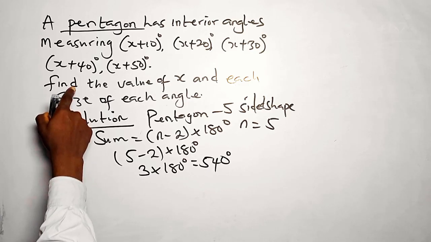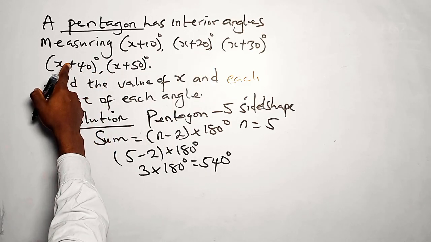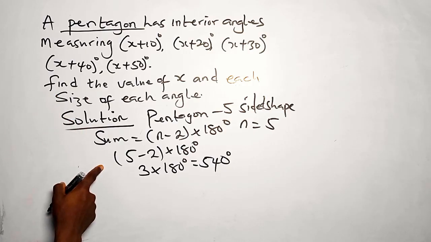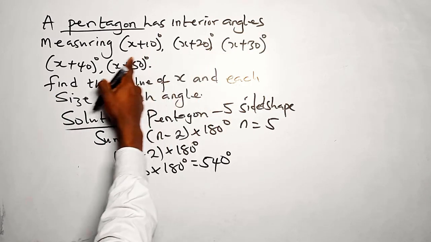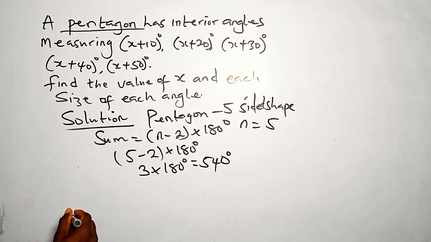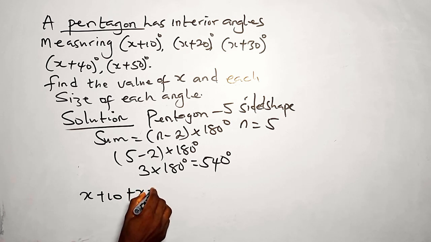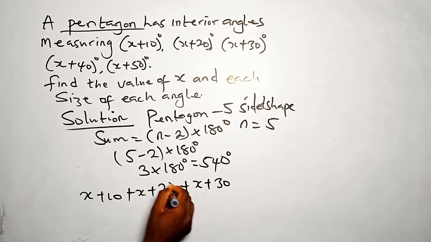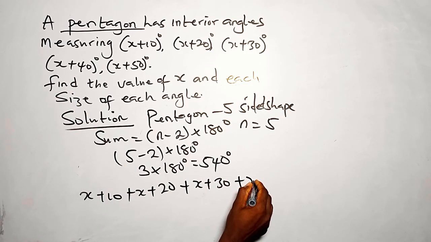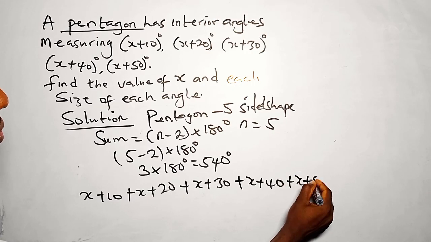But we are given each size of the interior angle of that pentagon. So we need to form an equation by adding all these sizes. The first one is x plus 10 degrees, plus x plus 20, plus x plus 30, followed by x plus 40, plus x plus 50.